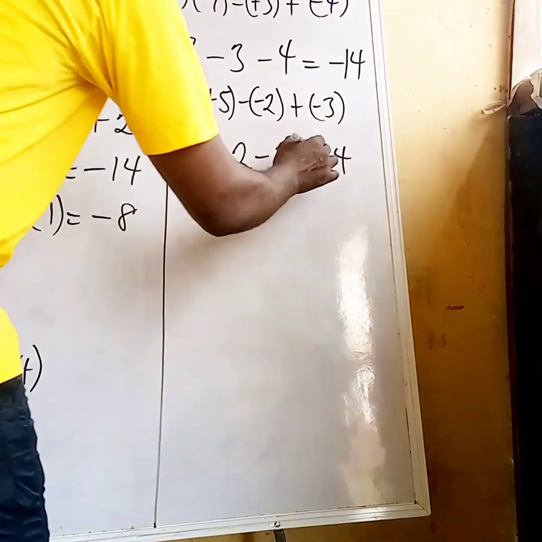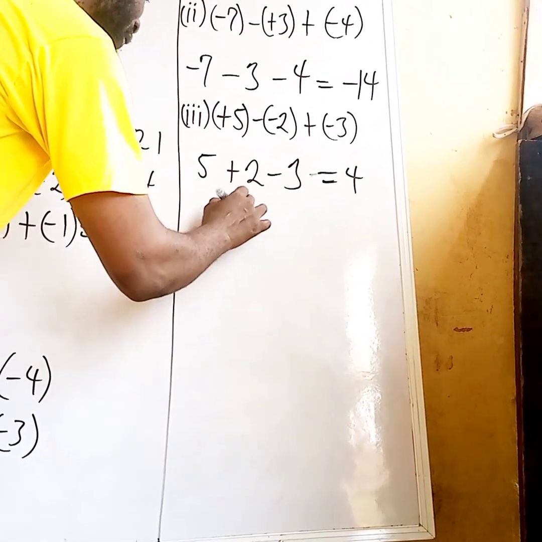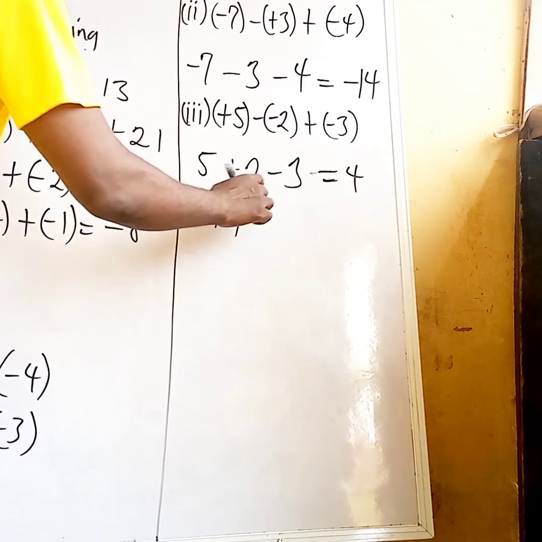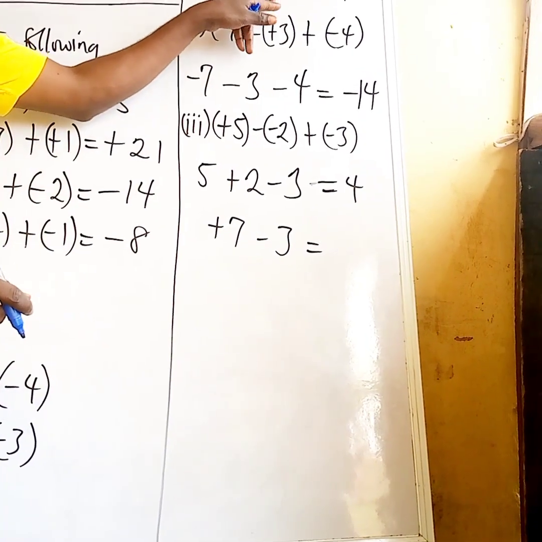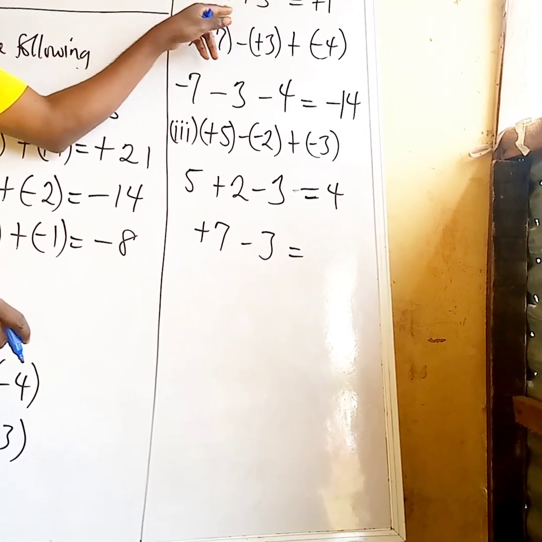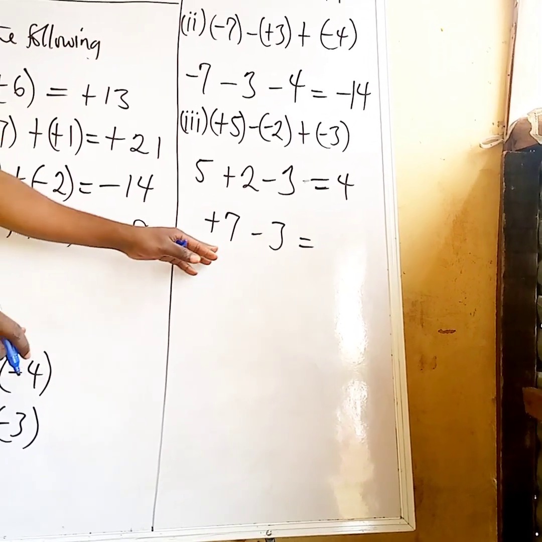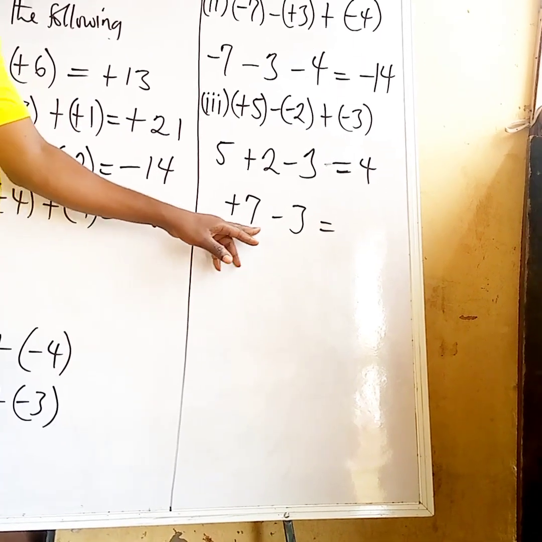And observation, you know this 7 is written as plus 7. And you have minus 3. Just like I said in the first example, here you are adding two numbers of different signs together. What you just need to know is that you are going to subtract.